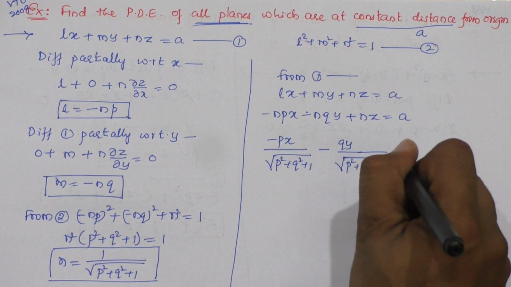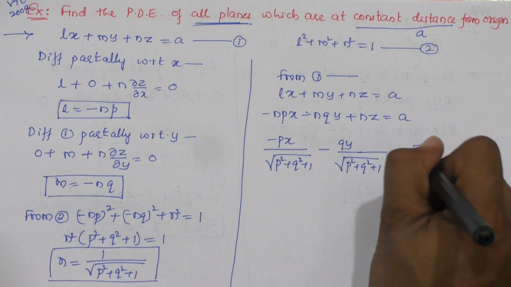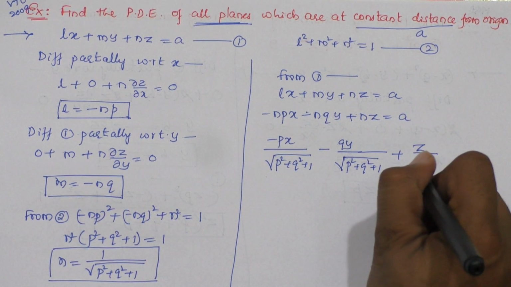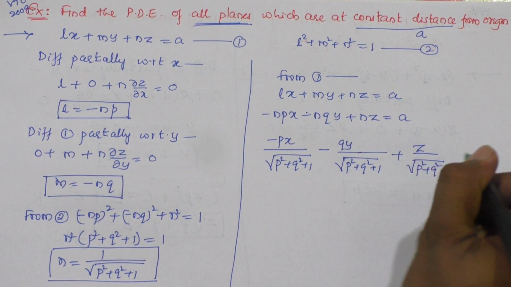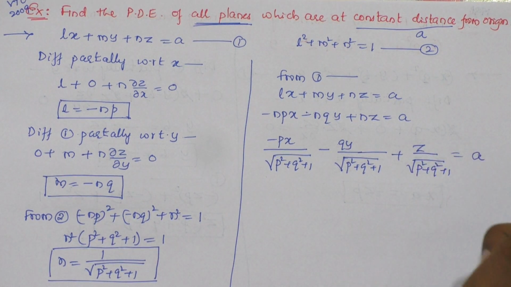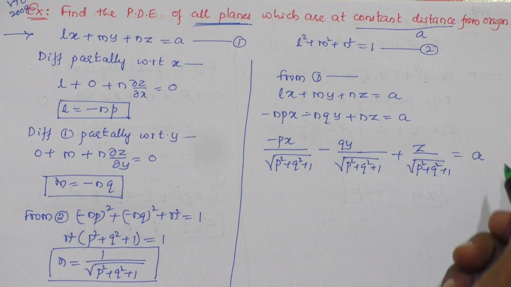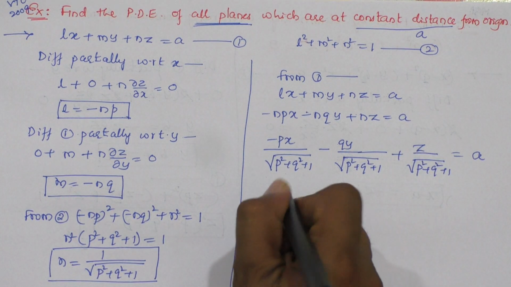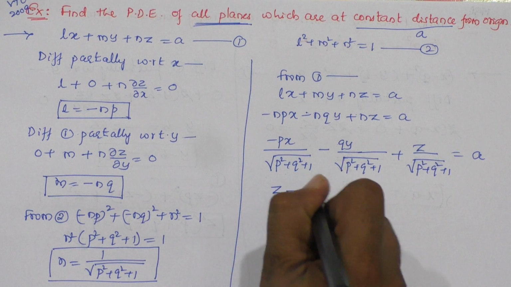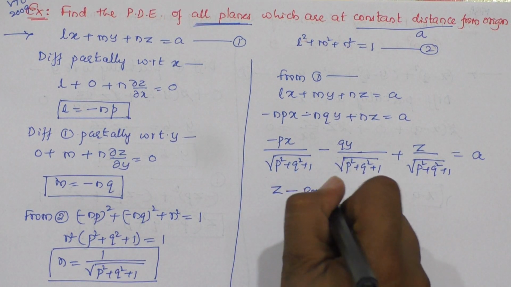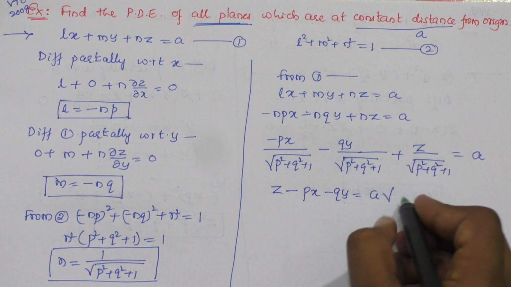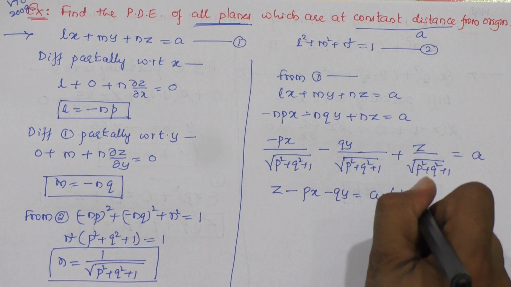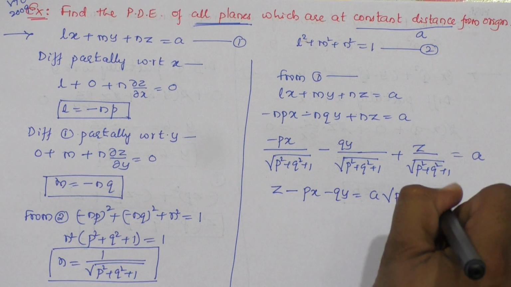next plus nz, that is z divided by square root of p square plus q square plus 1, equal to a. Now transferring the denominator to the other side, we get z minus px minus qy equal to a into square root of p square plus q square plus 1.